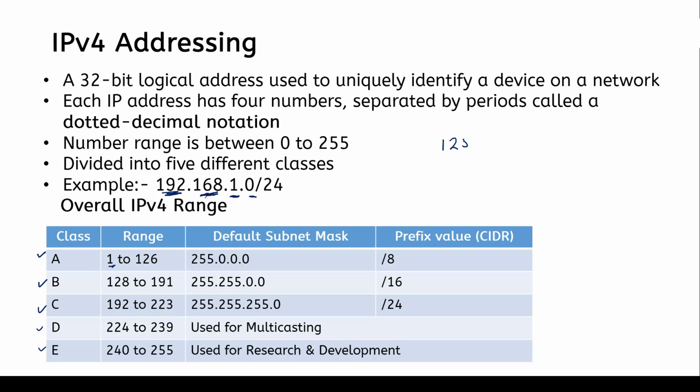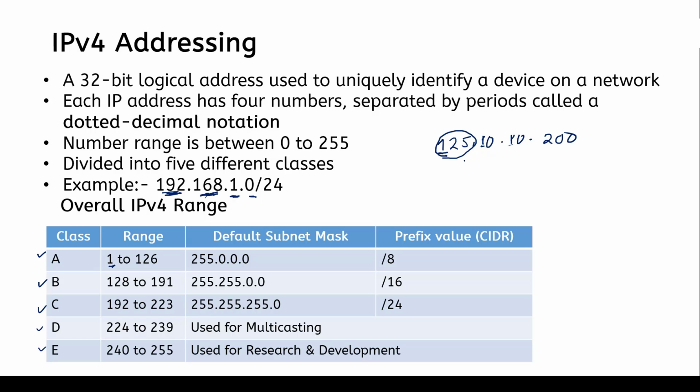For example, 125.10.10.200 is a Class A IP address. As you can see, this has 4 blocks. To identify the class of an IP address, we should always look at the first block. If the first block is in the range of 1 to 126, then this is a Class A IP address. Here in our example, since 125 is between 1 and 126, this is a Class A IP address.